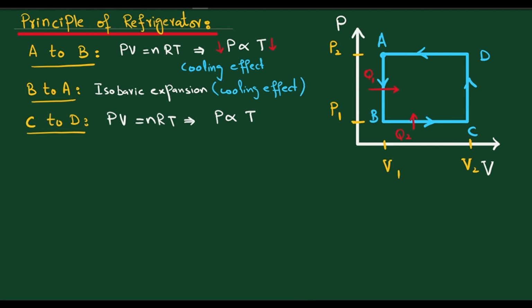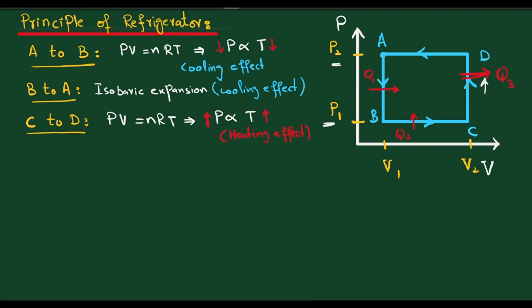It is a heating effect. P1 is low pressure and P2 is high pressure. From C to D the pressure is increasing, so the temperature will also increase, and it causes a heating effect. Due to this heating effect some heat can flow out of the system. The Q3 heat will flow out of the system in this isochoric process.